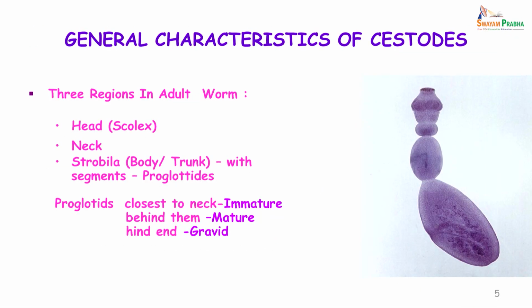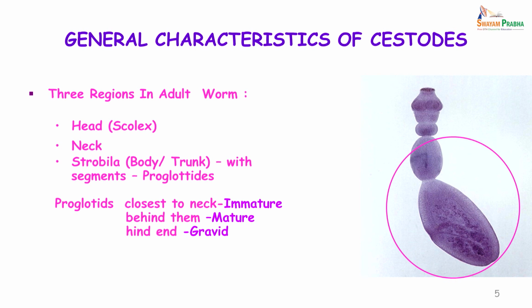Let us look at the general characteristics of cestodes. The adult worm has 3 regions: the head, which is also referred to as the scolex, the neck, and behind this is the strobila or the body or trunk. Now, the strobila consists of proglottids.